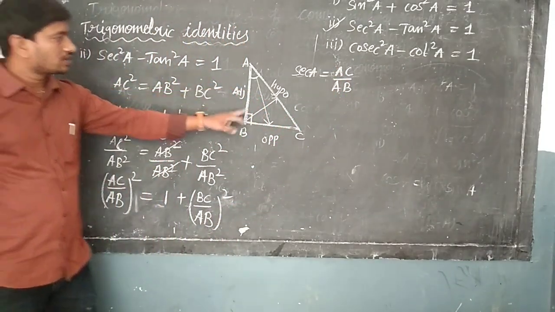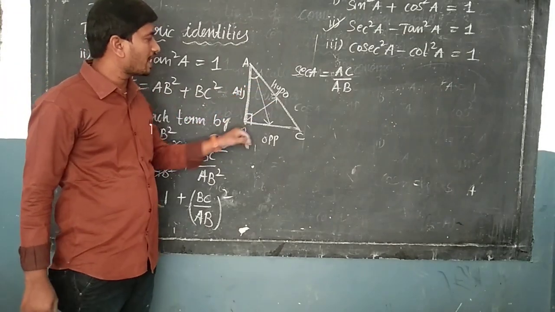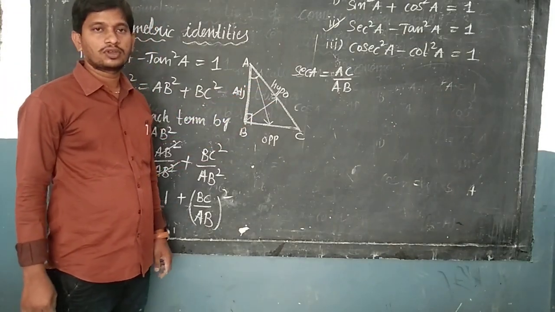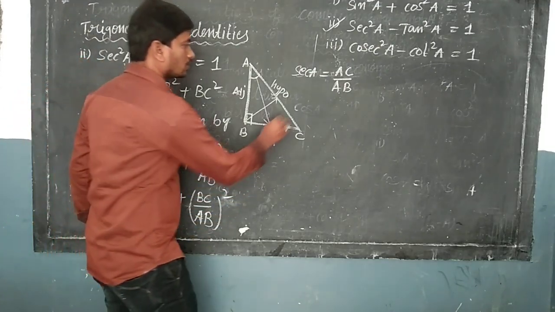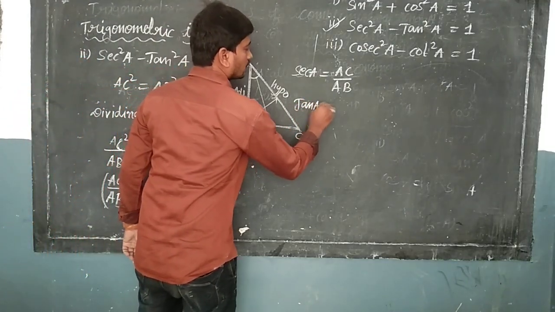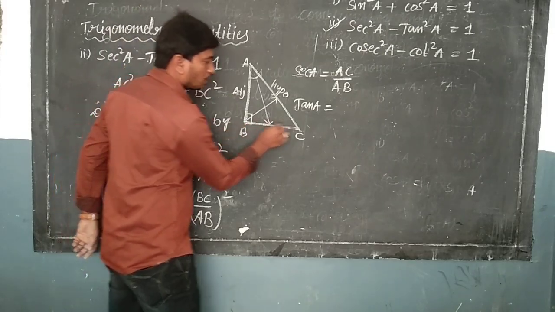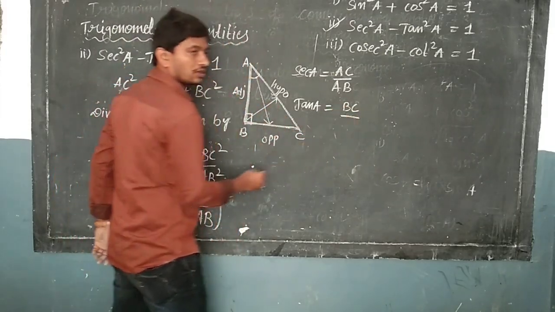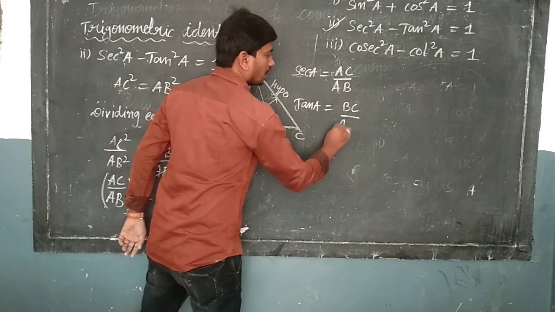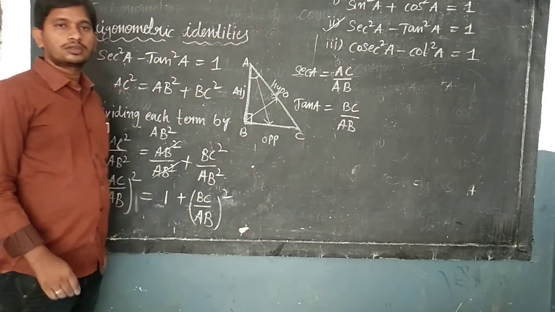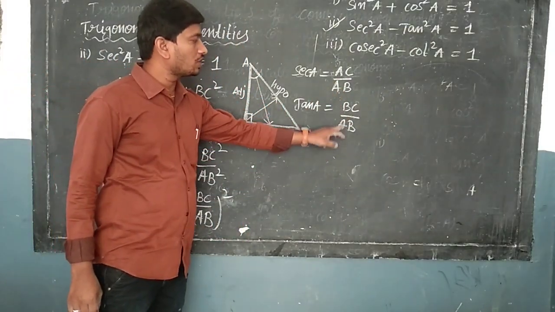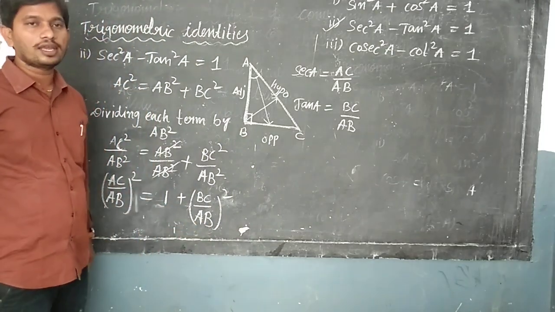What is the tan ratio? Tan is opposite by adjacent. Opposite is BC and adjacent is AB, so tan is BC by AB.